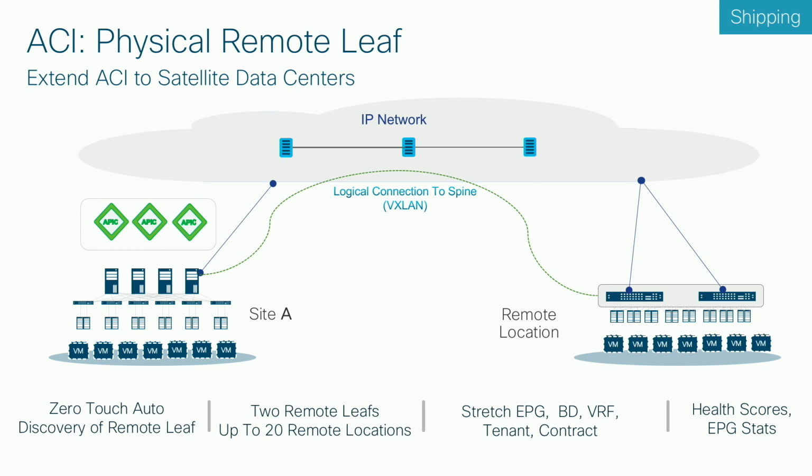So for colos, small offices where you may want to extend your DC, and some of our SP customers with 5G, it makes a lot of sense to have a single fabric managed by one set of APICs that has the same policy and networking across multiple domains with an IP network between them.